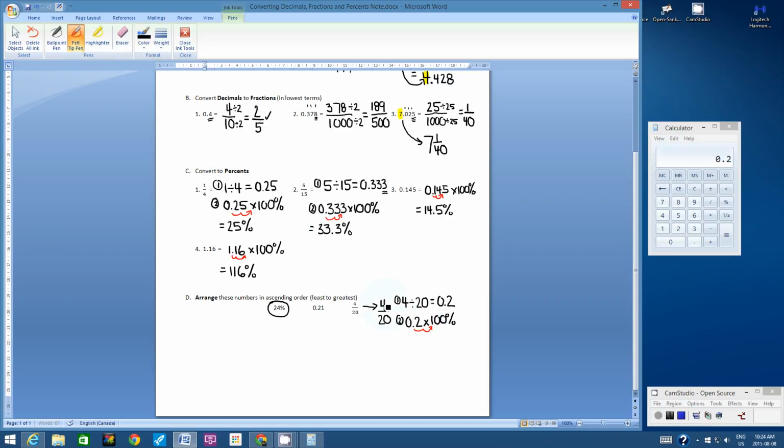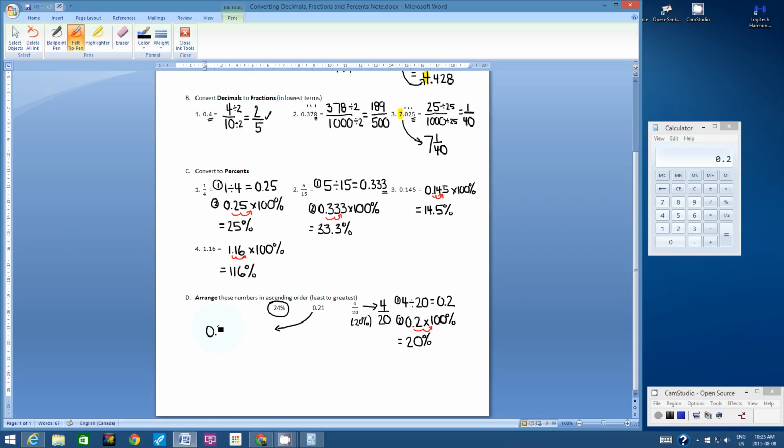Now in this case, we get 20% because the decimal moved 1 place, 2 places. We can't just leave this place value column empty. We have to have a placeholder of 0. So 4 over 20 is actually 20%.